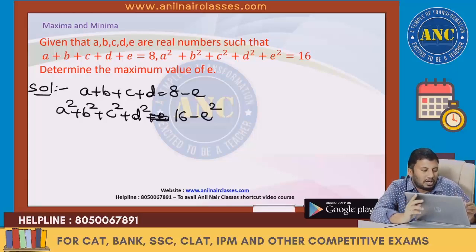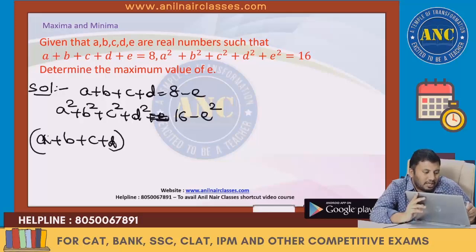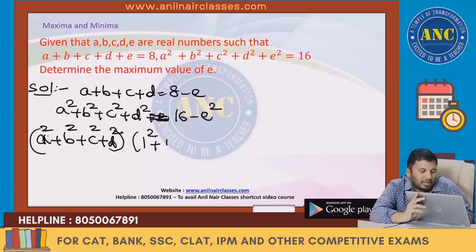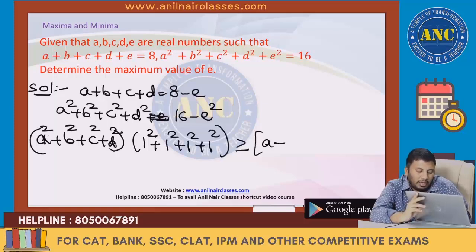Now we know the inequality: A plus B plus C plus D, coefficient of A is 1. A square plus B square plus C square plus D square, into 1 square plus 1 square plus 1 square plus 1 square, is greater than or equivalent to A plus B plus C plus D whole square. I hope it is clear.